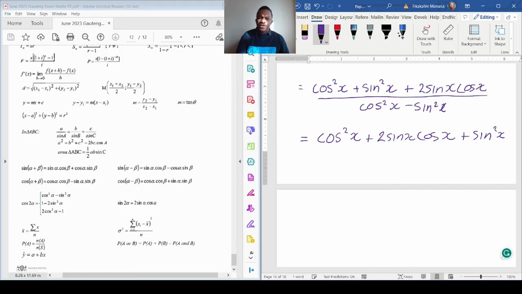Now this looks like I can factorize it really well. I'm leaving this one exactly as it is, minus sine squared x.